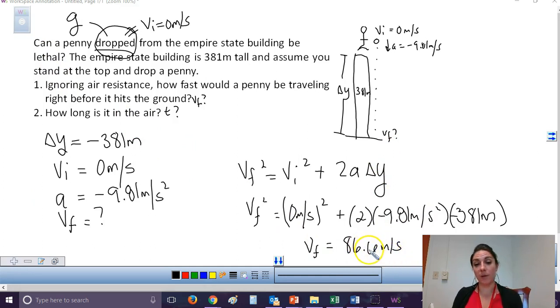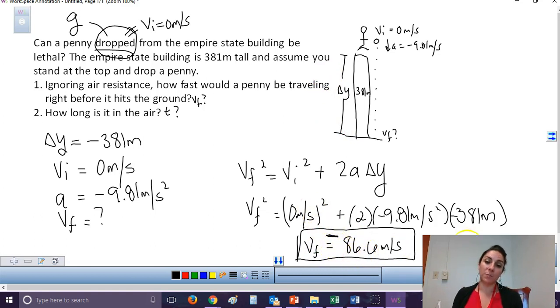The magnitude of the velocity. So in other words, this tells you how fast it's going. But in the calculator, since you squared this, you actually have to go back in and put in the sign to model the fact that it is moving downward at that point. If you leave this as positive and you're saying it's moving up at 86 meters per second, which doesn't make any sense. So you must put the negative there to model what's going on.